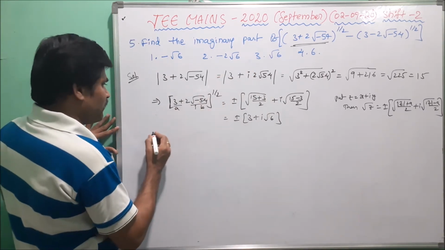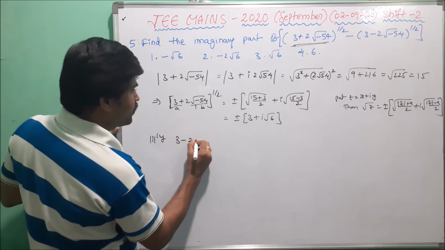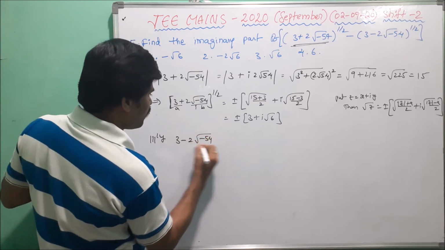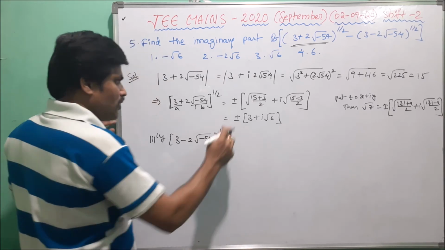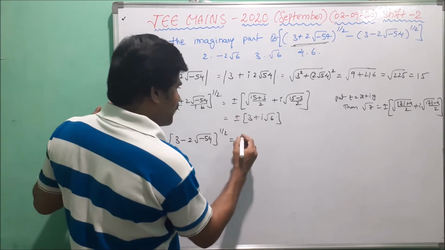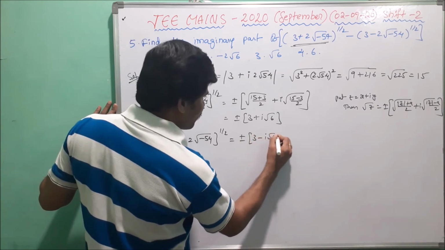Similarly, to find that value, 3 minus 2 root minus 54 whole power 1 by 2. Now here replace plus by minus, that equals plus or minus (3 minus i root 6).